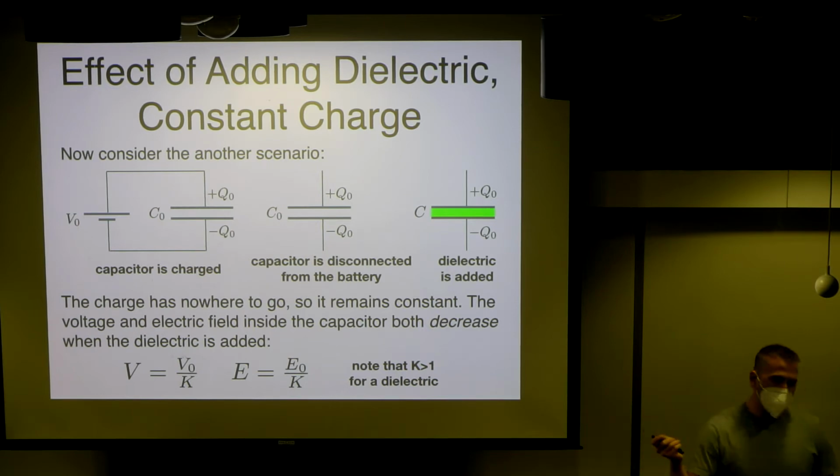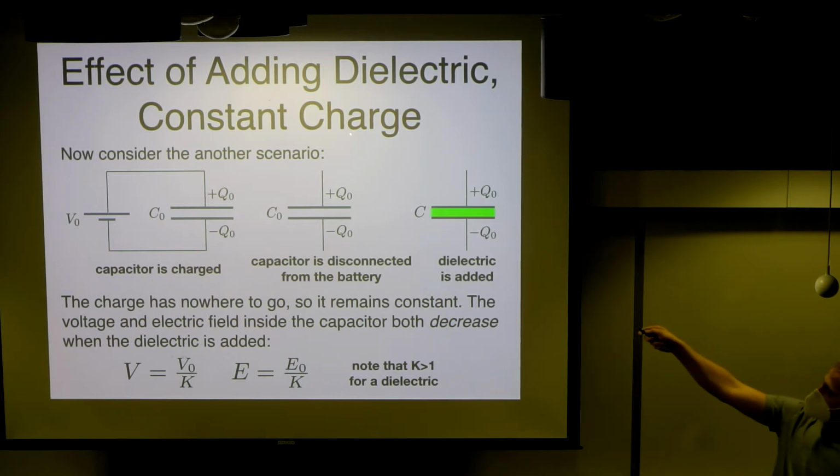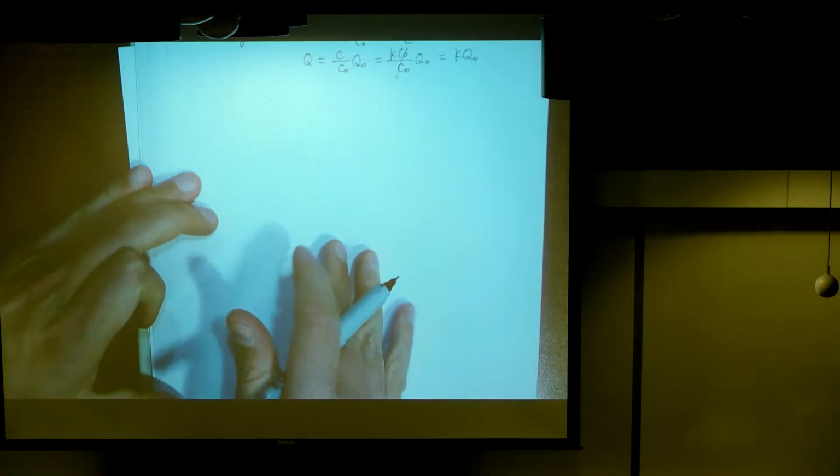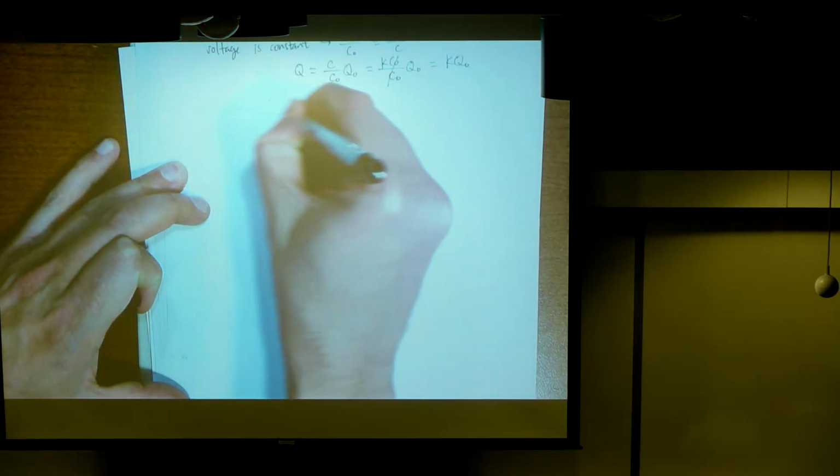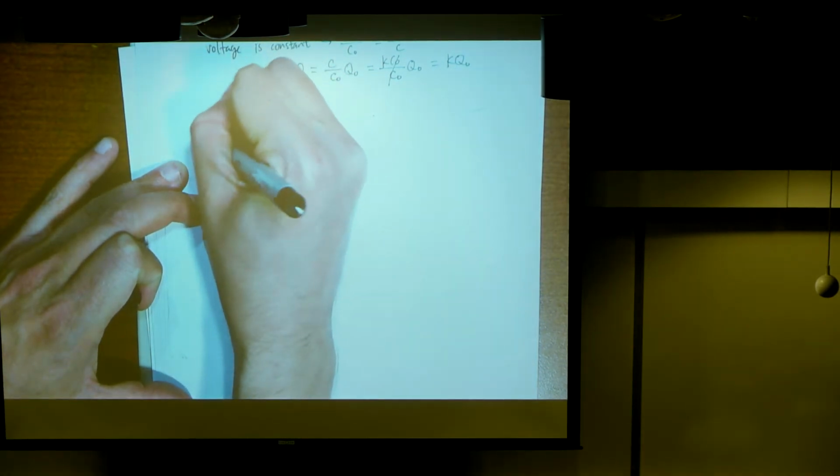So what we're looking at here is the effect of adding the dielectric when the charge stays the same, but we allow the voltage to change. That's the question here. So let's go through that. Let's do that on the same paper, actually. Now we're doing this other scenario where the charge is constant.